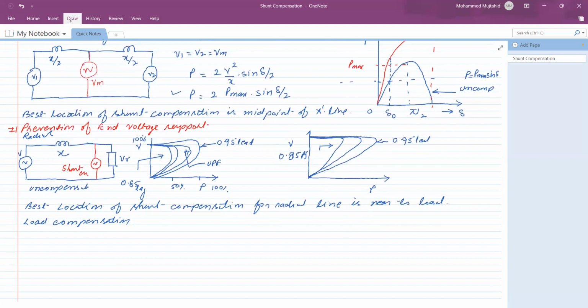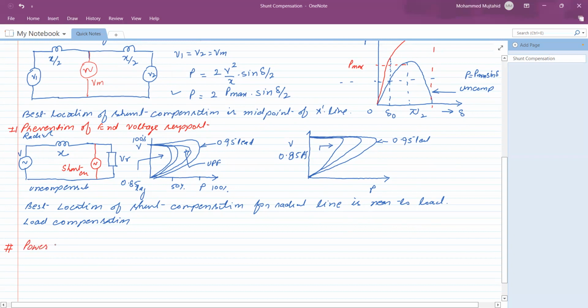Now next we'll see one more advantage or application of shunt compensation, which is to avoid power oscillation, called power oscillation damping. What is that?